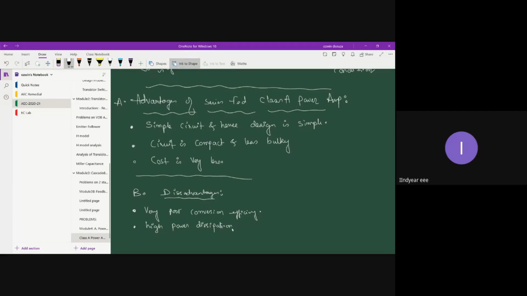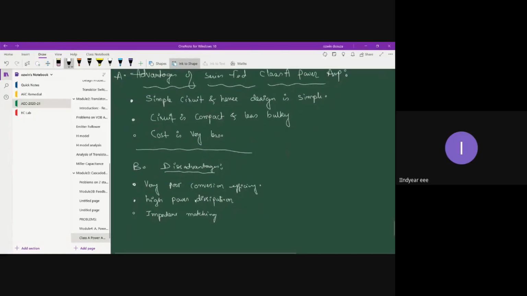Though point number 2 is a derivative of point number 1, no harm done. You can always say that power dissipation is quite high. And the third disadvantage is that impedance matching is very poor. I will elaborate on this particular point sometime later. Impedance matching is poor.